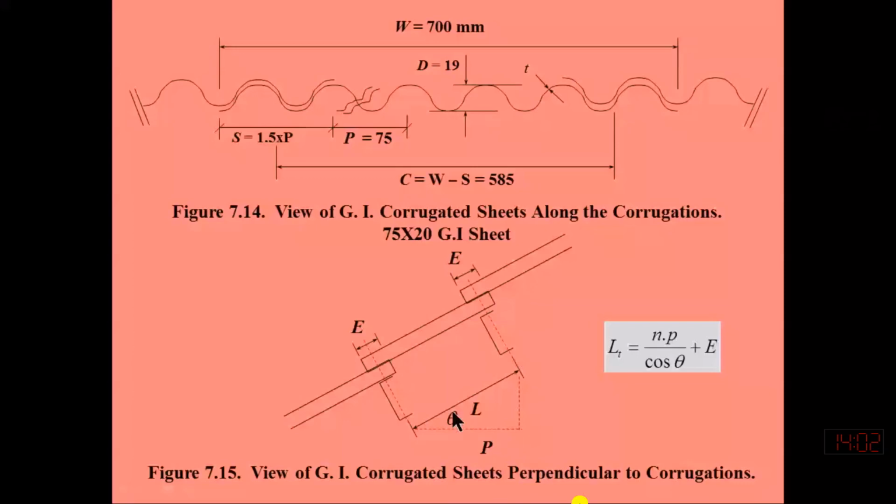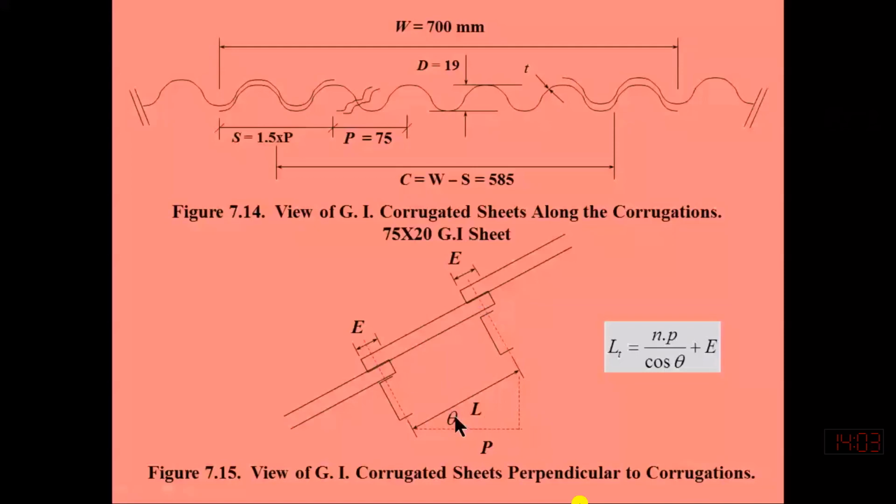This L is the length from the center of this panel point to the center of the other panel point. So L will be equal to P over cos theta, because P over L is equal to cos theta. If we want to determine the length value, we divide P by cos theta, and then we have the length.